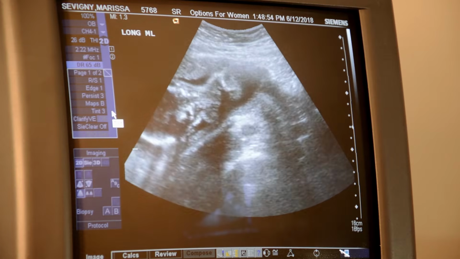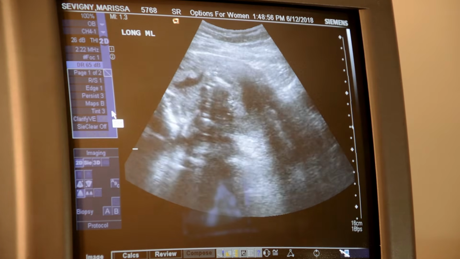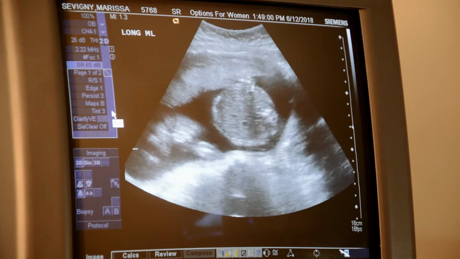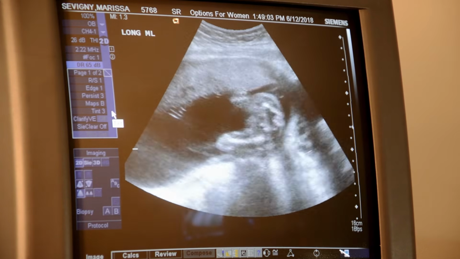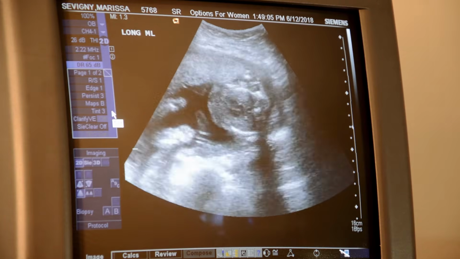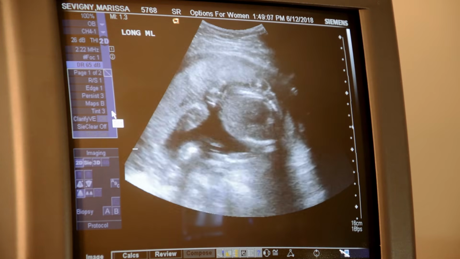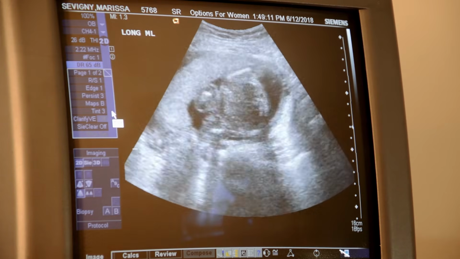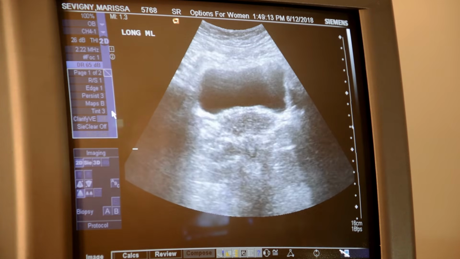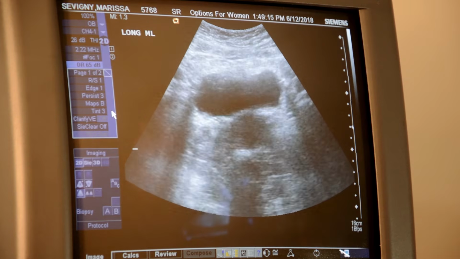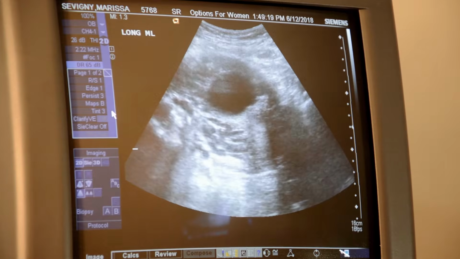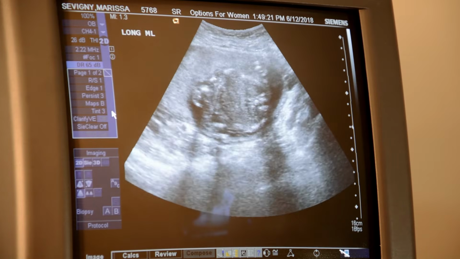Okay, so now she's going to go and kind of sweep. And here you see the baby's face and the heart. Okay, now let's go transverse. And for transverse, she's going to turn her transducer counterclockwise. And she's going to start inferior, angling down toward the feet where the bladder is.